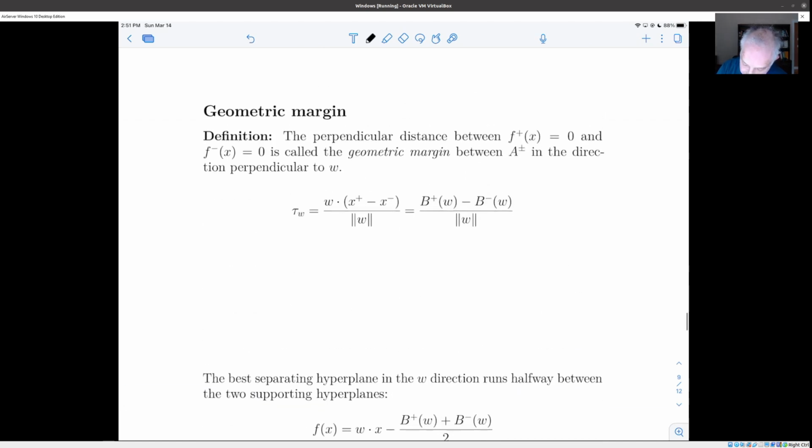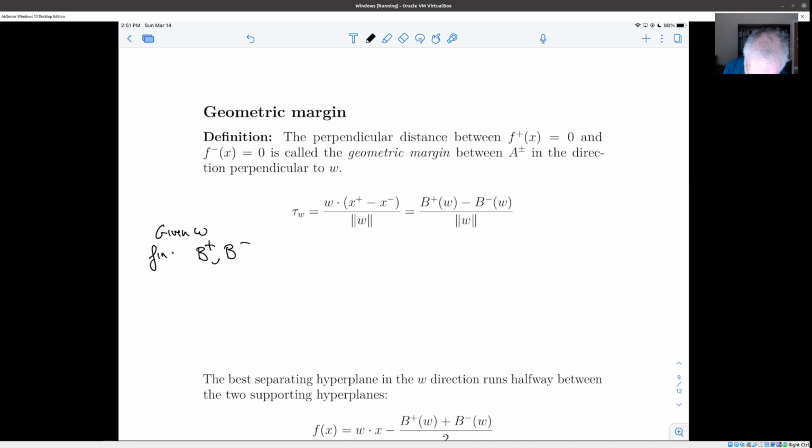So now let's go back to our original question. As we saw, we have our vector W, and we can figure out b plus and b minus given W. These are these maximums and minimums.